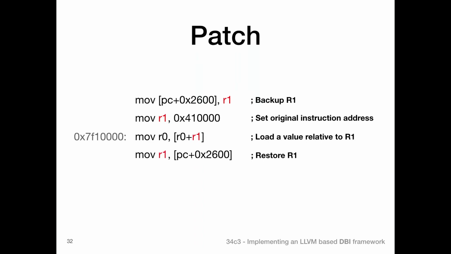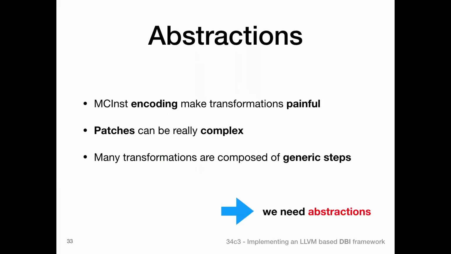So as you can see, creation, modification, lots of operations here on an intermediate representation, which is kind of hard, kind of difficult to work in. And so the encoding is a bit painful to work on. And you can see here it was a very, very simple patch. And it's already quite complex with a lot of transformations and a lot of steps.